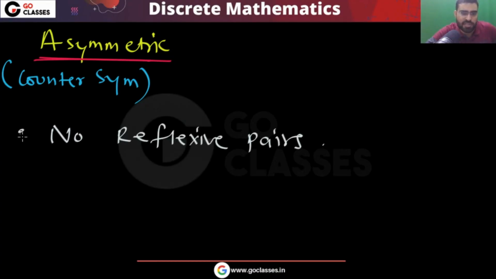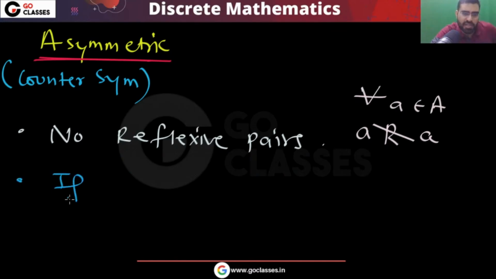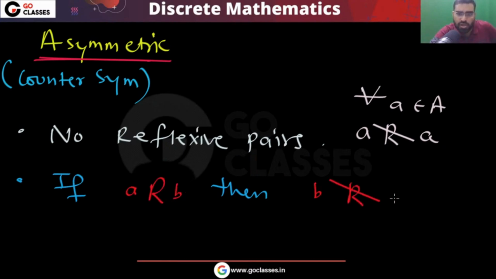It means that A is not related to A, for all A. The second point is that if A is related to B, then B is not related to A.